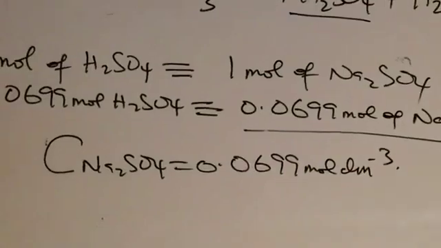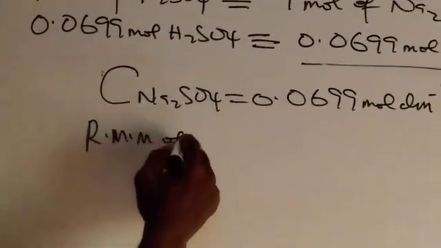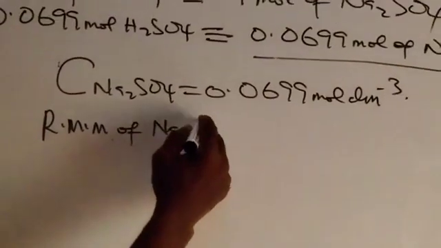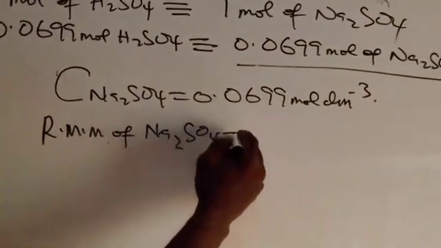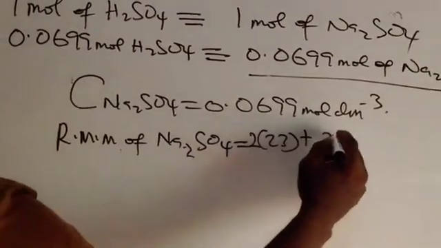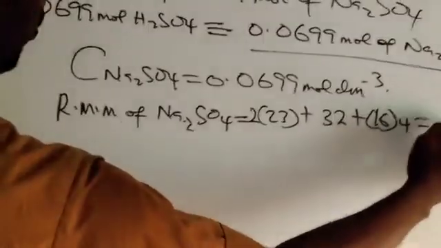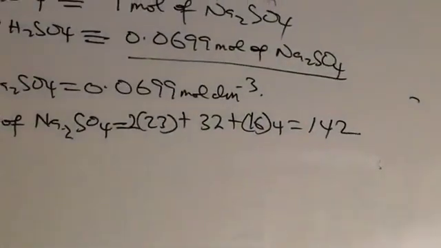So having done that, we find the relative molecular mass of sodium sulfate, or its molar mass, using what is given to us in brackets. Sodium is 23 multiplied by 2, sulfur is 32, and oxygen is 16 times 4. That gives us 142 as the molar mass.